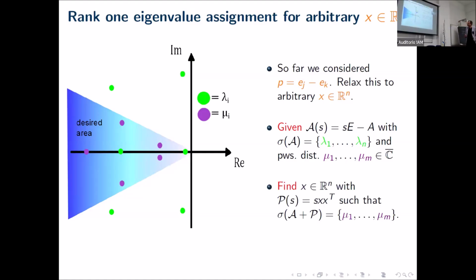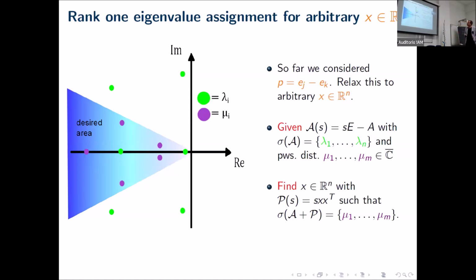And the question is, can we find one x such that this, the perturbed pencil, has its spectrum in the violet? And this we can characterize, whether this is possible.